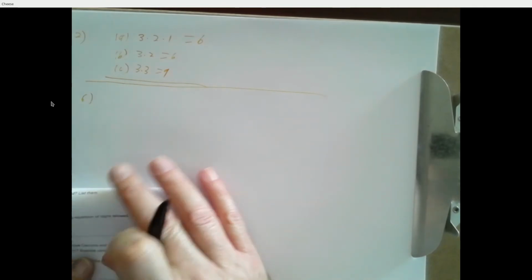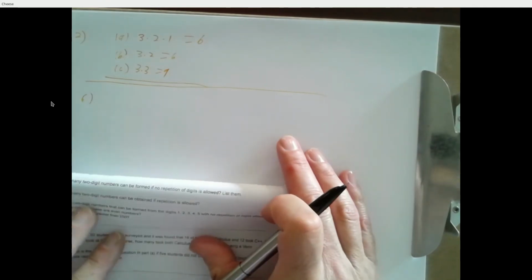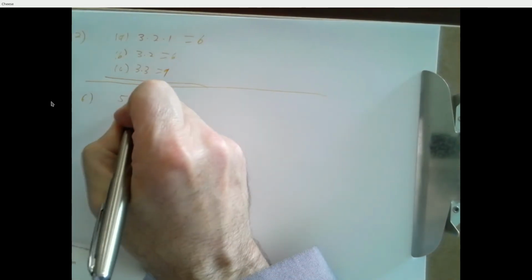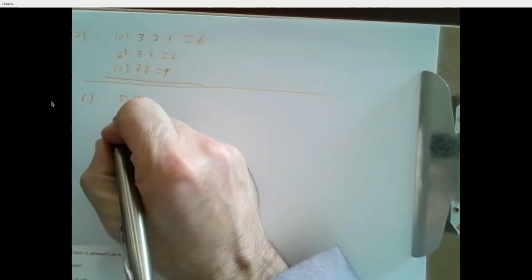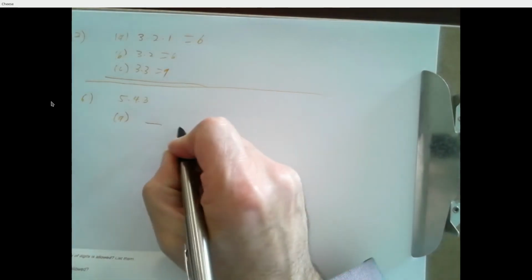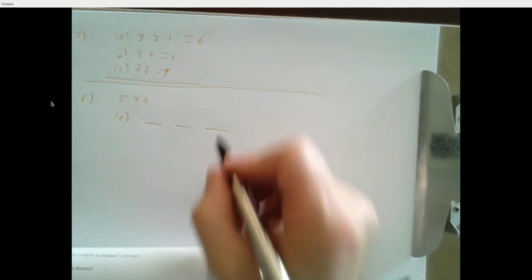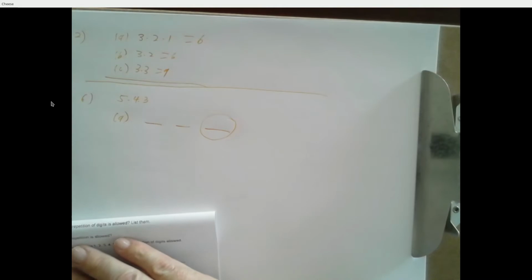3-digit numbers formed from the numbers 1 through 5 with no repetition. That's a straightforward 5 times 4 times 3, right? Number of ways to choose first digit, second digit, third digit. If your number has to be even, the easier way to think of this is to fill in the last digit first, because it has to be an even number.